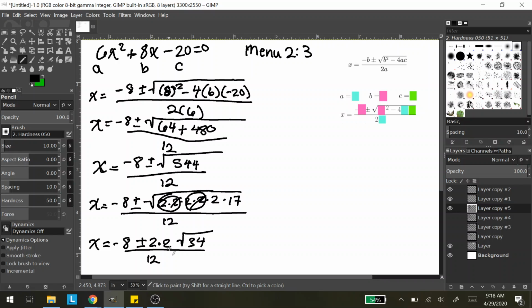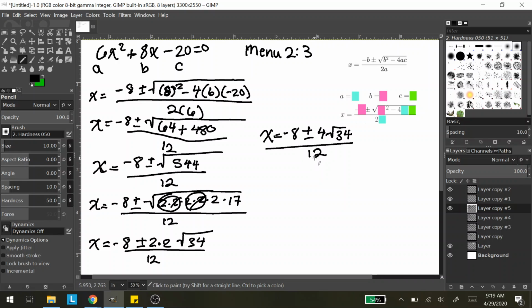So we're almost done, but we need to try to reduce overall. So I've got x equals negative 8. 2 times 2 is 4. Plus or minus 4 square root 34, all over 12. Now, if I want to reduce, I have to be able to take it out of the negative 8, this square root term, and the denominator.